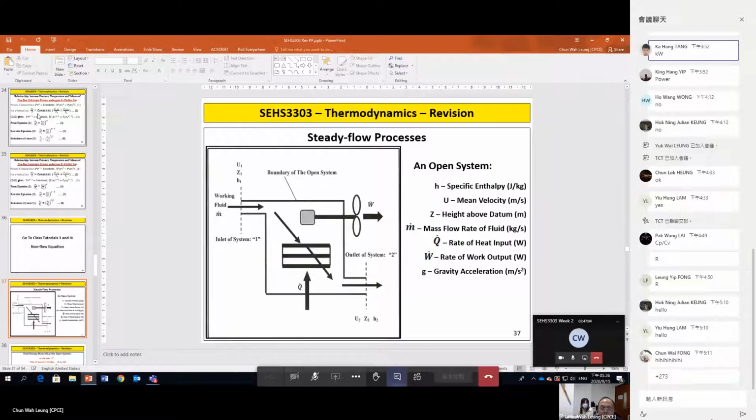So the working fluid can go through and then absorb heat and then produce work. So therefore, we can add energy to the fluid by the heat. And the working fluid will also produce a power output through the rotor to the surrounding as power output.